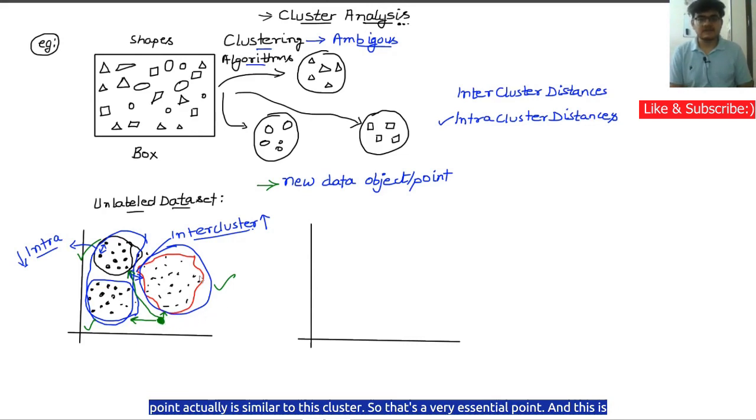That's a very essential point, and this is what helps in achieving unsupervised learning. And we will create the clusters to achieve this, to tell which cluster this new data object or point belongs to.